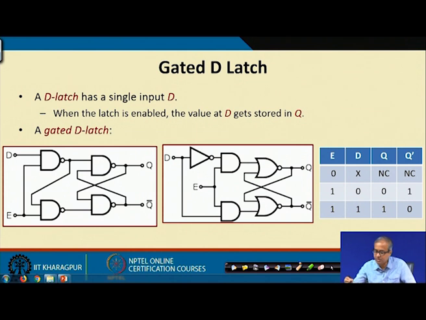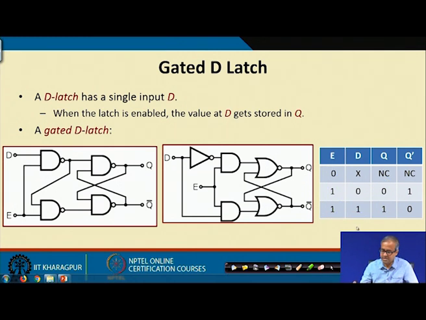And for the D latch, how does it behave? If the enable is 0, irrespective of D, there is no change in the output. If you are enabling the latch, if D is 0, output will become 0, if D is 1, output will become 1. Whatever is the input, that same value will get stored in the output. Okay.